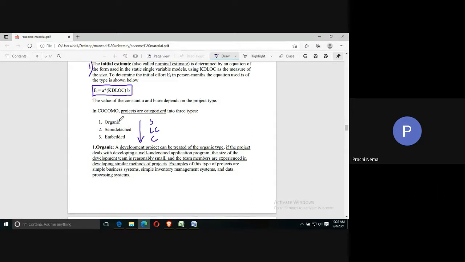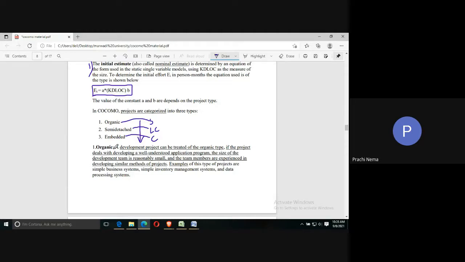When you say that a project is simple, then it is of organic category. When you say that the project is semi-complex, then it is of semi-detached category. When you say that the project is too complicated, then it belongs to the embedded category. So this is the simplest explanation that projects can be of three types.